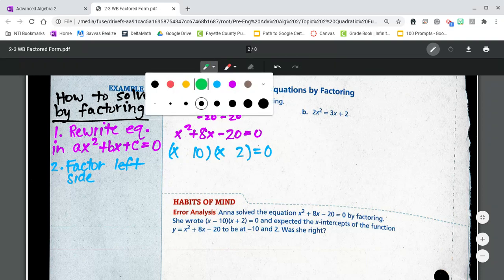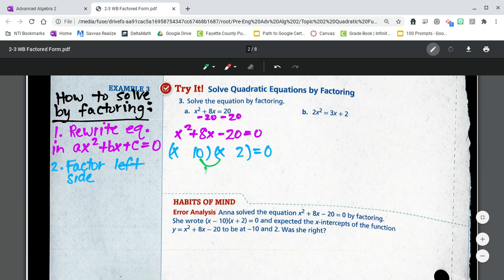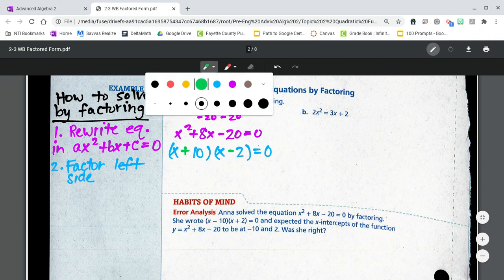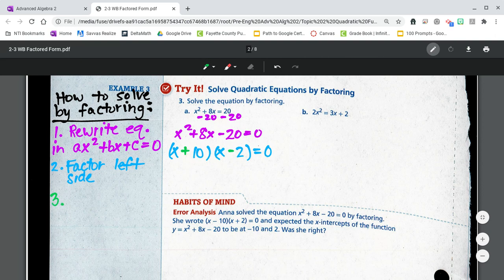And then let me check the products. That would be 10x. x times 2 is 2x. To get positive 8, I need to subtract the 2, so I'm going to make that minus 2 plus 10. Now, I don't need those lines there. Okay, so it's factored on the left side. Now, step 3 is to apply something called the zero product property.